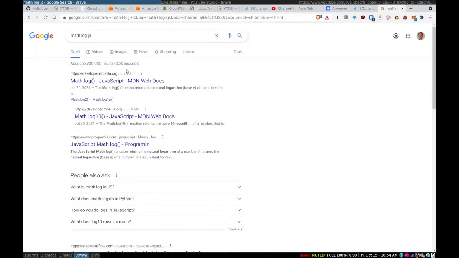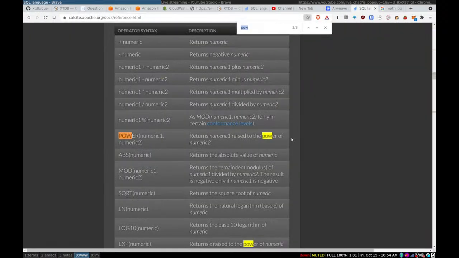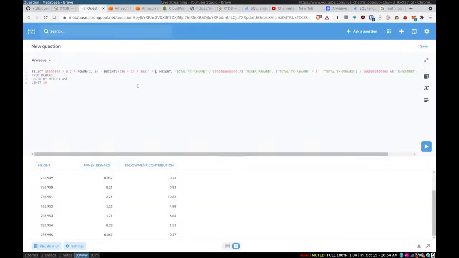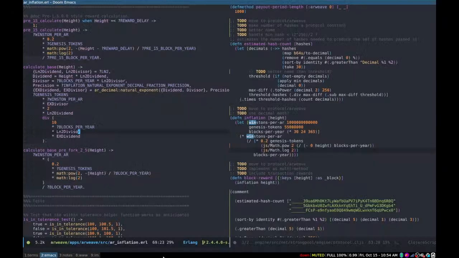Okay, it's natural log. So that means ln, natural log, log 10. Okay. ln 2. Okay, so let's see. We got 20% of this times 2 to the power of this times the natural log, and then what?